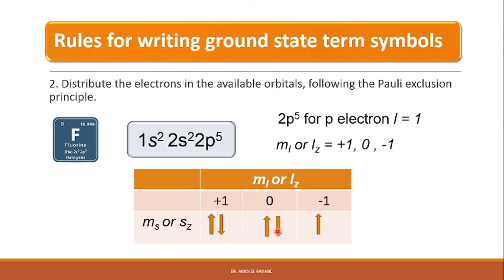Once the orbitals in the subshell have 1 electron, we add a second one following the same order, and give the MS or SZ values as -half to them, right? So for upspin we write MS is equal to +half. For downspin we write MS is equal to -half.